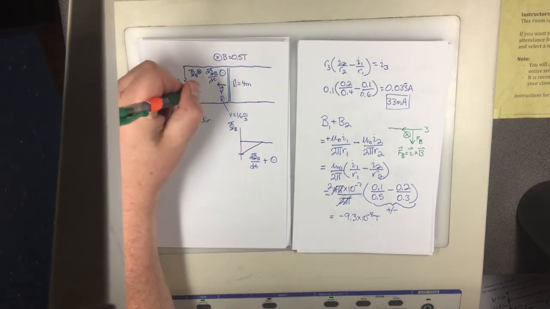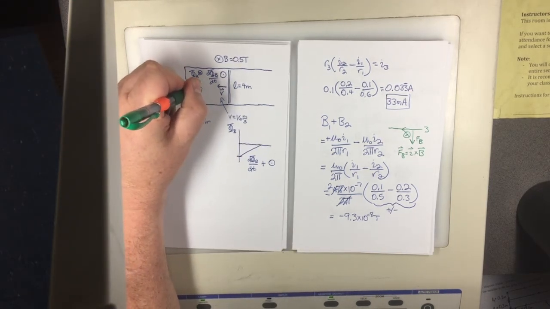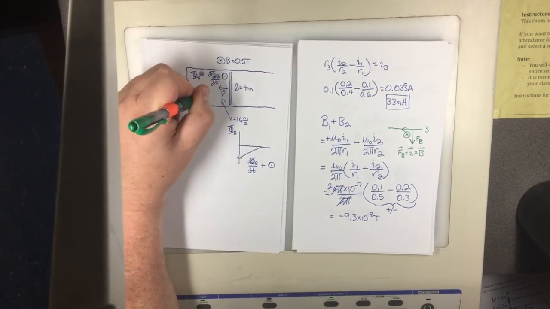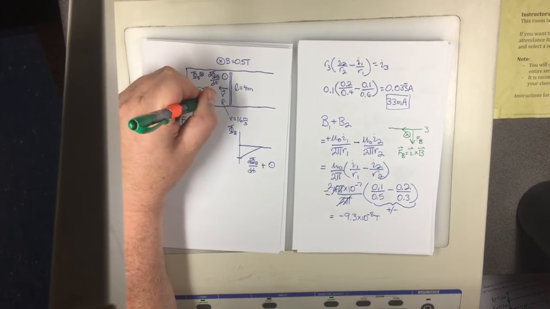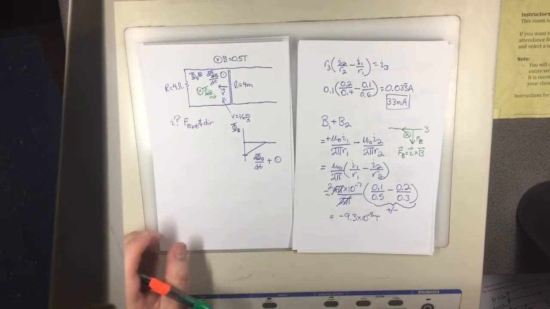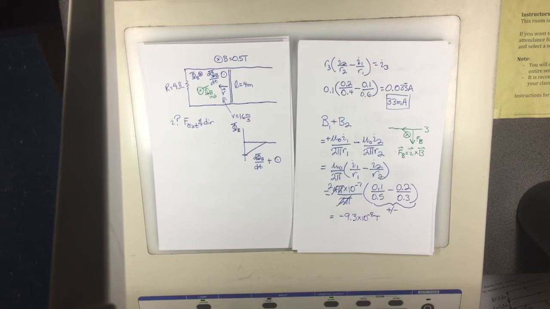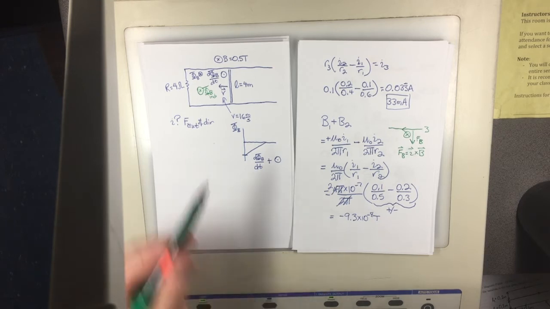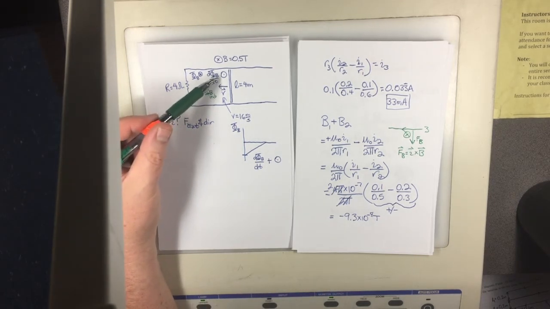So the d phi B dt is out of the page. That means that the induced magnetic field has to be into the page as well. Lenz's law demands that this is opposite to this.